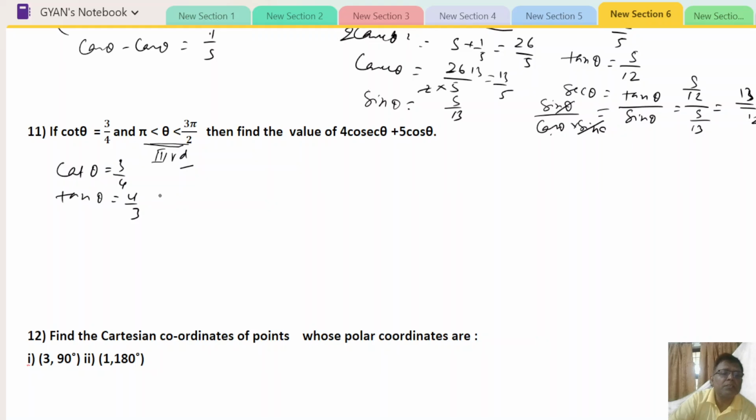So first you find sin theta. Tan theta is equal to sin theta into cos theta.